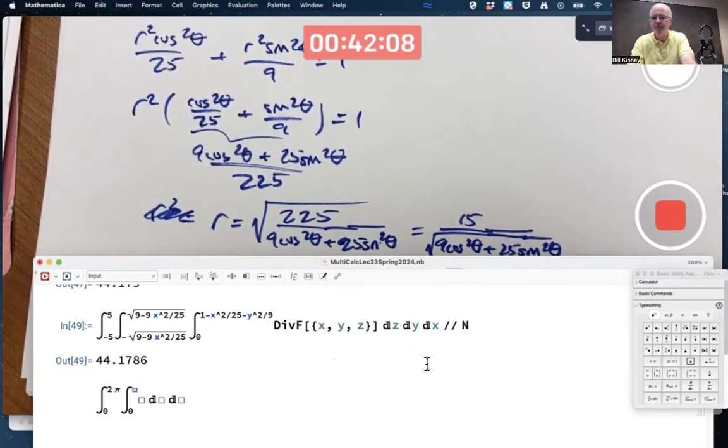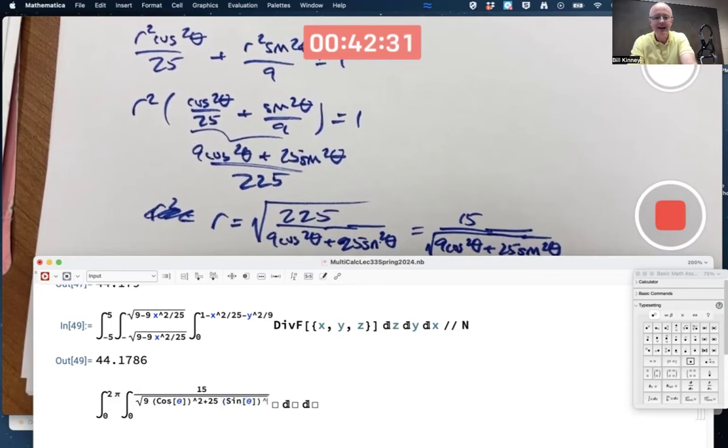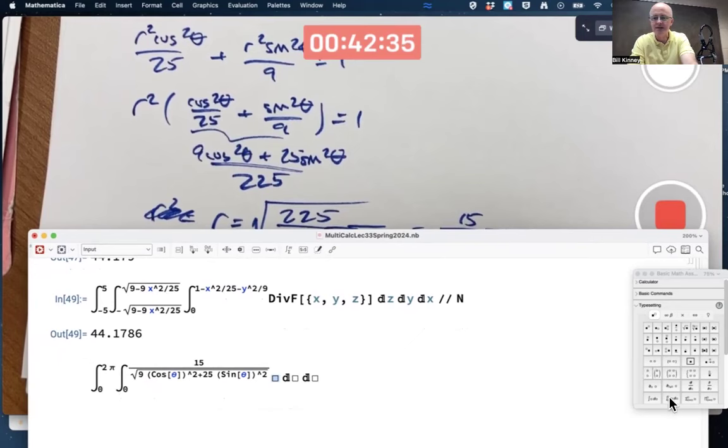That would be what I'd have to use for my upper limit of the integral here, for r. I don't know about this. I'm giving it a try, but we'll see what happens. I'm not very optimistic. Z goes from 0 up to the paraboloid again.